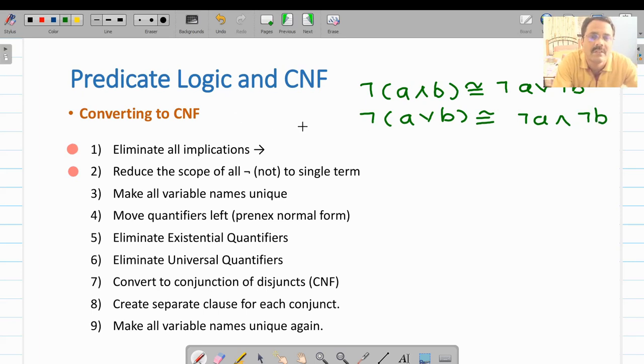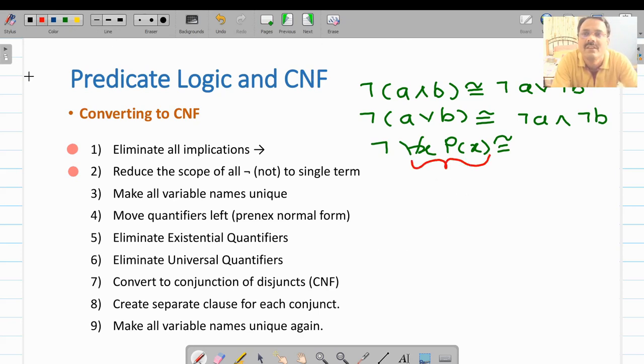Another variation: sometimes you can have not for all x P of x, because in predicate logic we have arguments also. Now the scope of this not is with both of these, so you have to reduce it. By De Morgan's law, this is equivalent to there exists x, not P of x: for all becomes there exists, and the scope of not will be with the individual predicate.